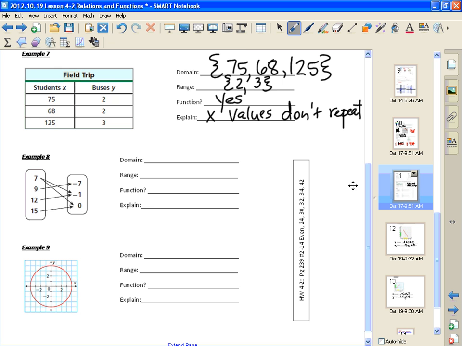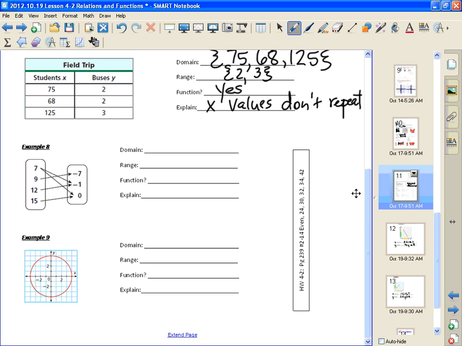Okay. So on example 8, what is our domain? 7, 9, 12. Okay, what would be our range? And 0. Good. So is this one a function? I hear yes and no. The definition of a function is that the x values do not repeat.